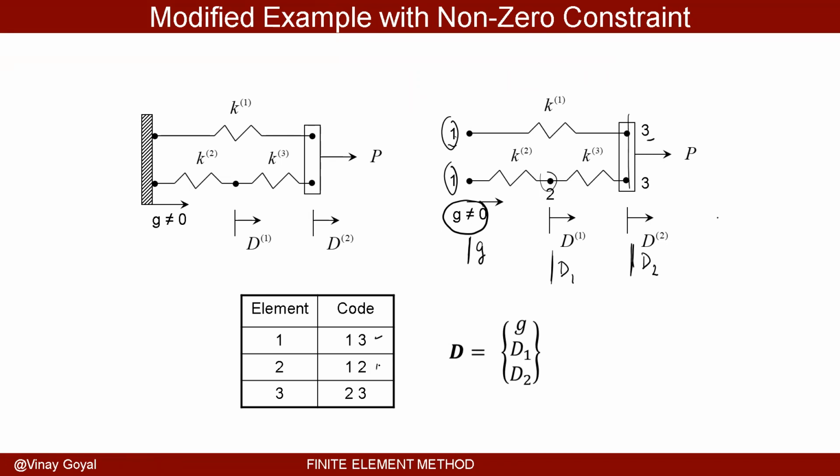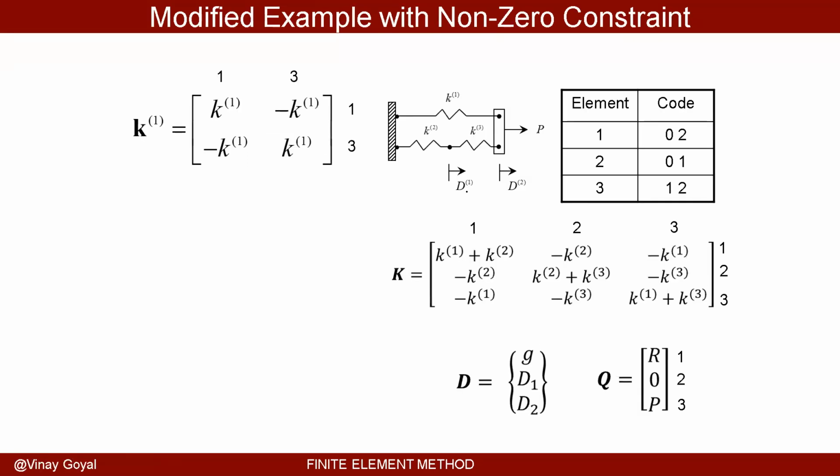Element 2 connects 1 and 2. And element 3 connects 2 and 3. The global degrees of freedom are 1, 2, and 3. When you have a non-zero value of deflection, it is better to do it the way I'm doing it here.